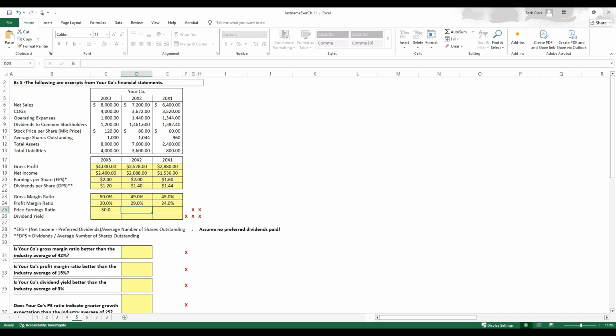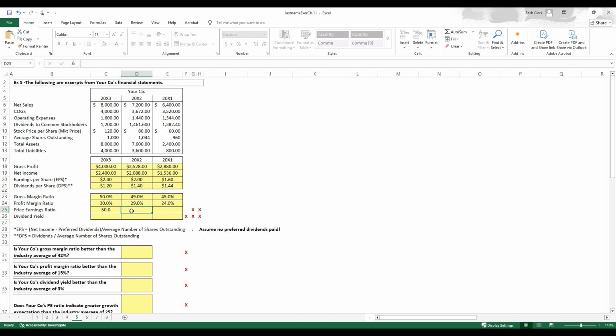And what we're saying with that is that investors are willing to pay $50 for every $1 of earnings, basically. Right, because the earnings per share is 240, but the stock price per share is 120. So 50x the earnings per share, essentially.